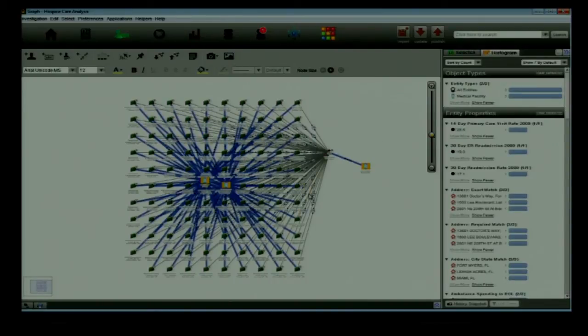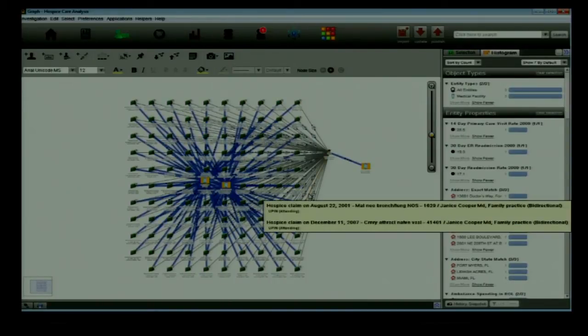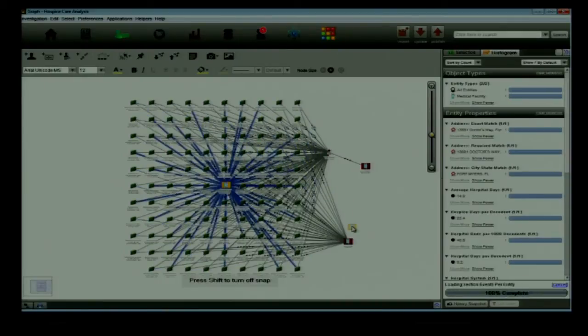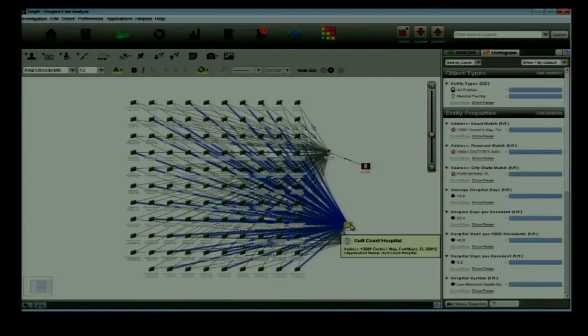And what I just did is I brought the facilities that are associated with these entities, and I can clearly see that there's a hospital associated with my Dr. Cooper, but that there's these 2 other hospitals associated with all of these claims, and that there doesn't exist a link between Dr. Cooper and these hospitals, which I would expect, since any claim that's generated at this facility would also be tied to a physician who works at this facility.